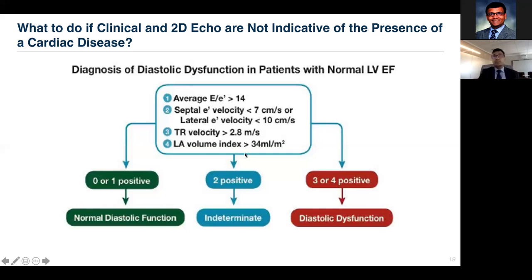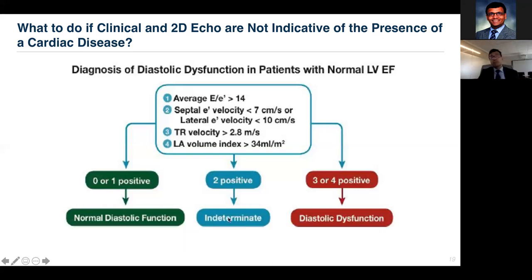If that's not the case, and you just have two abnormalities, then this is indeterminate. Many times in this situation, we also request additional testing, particularly if you're suspicious that the shortness of breath may still be related to diastolic dysfunction.